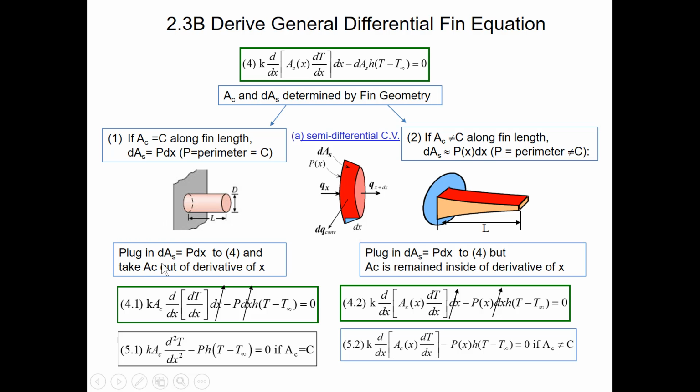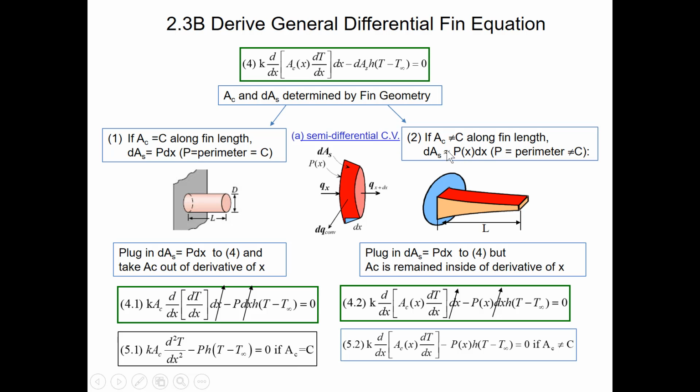Next, plug dA_S back into equation 4 and take the constant A_C out of the derivative, then cancel dx. Equation 4.1 becomes the general differential fin equation at constant cross-section area A_C.